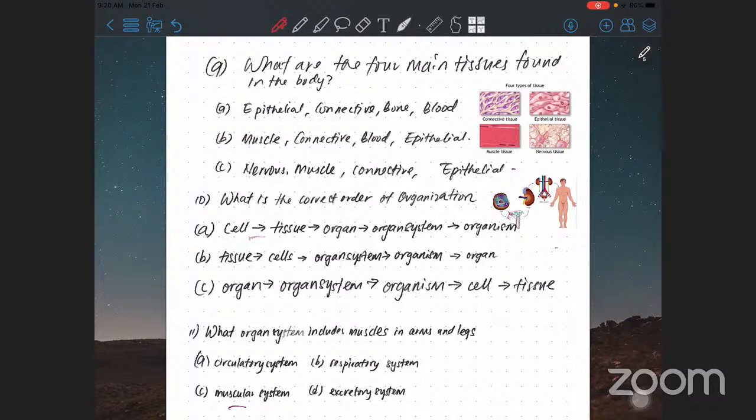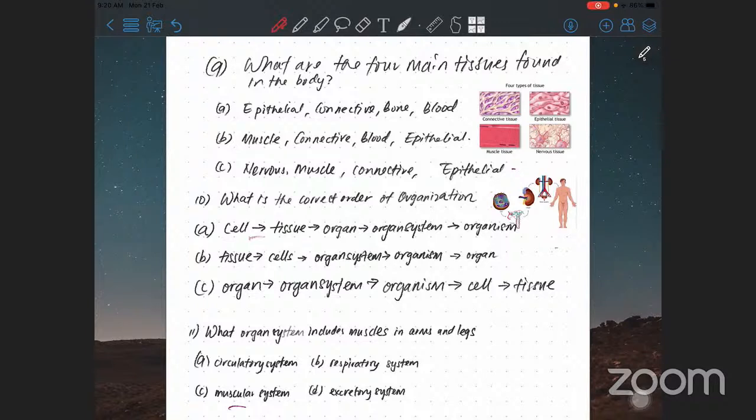I give you another 3 to choose. What organ system includes muscle in arms and legs? I'd like you to choose this as well. So, number 9, 10, and 11. What's your answer? Please circle first, then only I will show you the answer. I'll give you 5 seconds. 5, 4, 3, 2, 1.